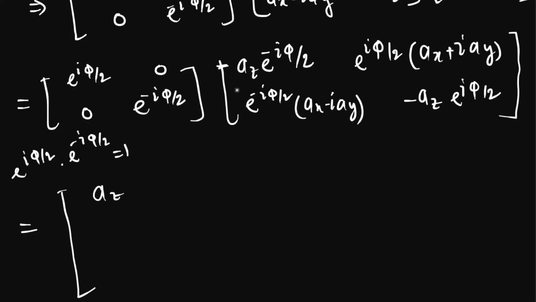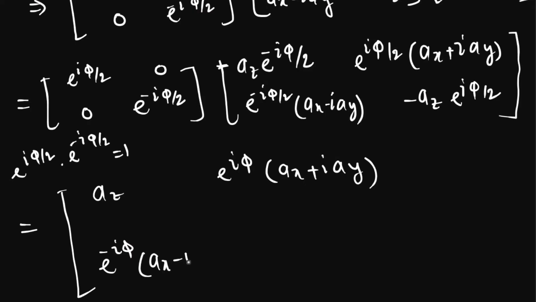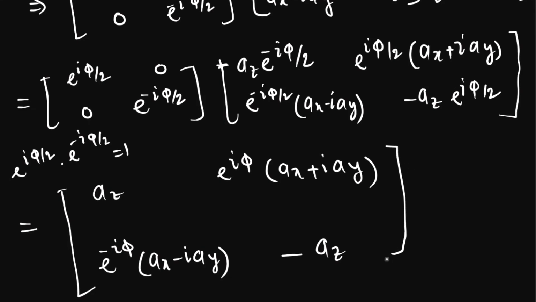That means this into this equal to az, and then this into this will be e to the power i phi into ax plus i ay, and this into this will be 0, this into this will be e to the power minus i phi into ax minus i ay, this will be 0, this will be minus az, e to the power minus i phi by 2 into e to the power i phi by 2 equal to 1.